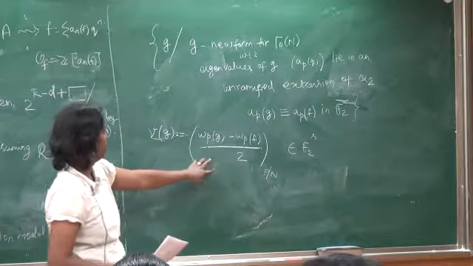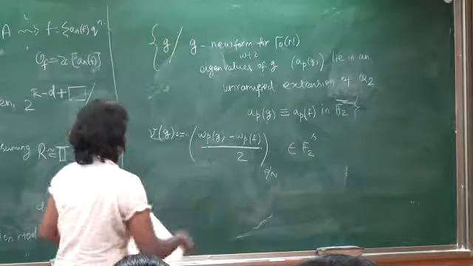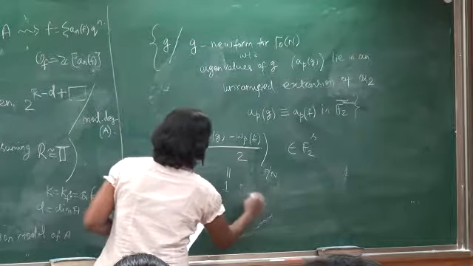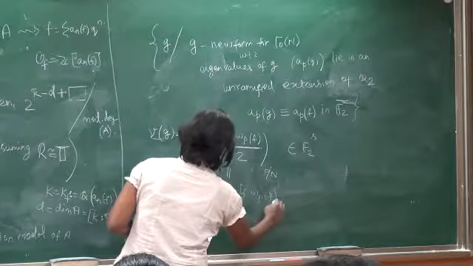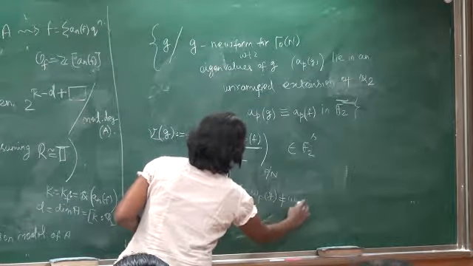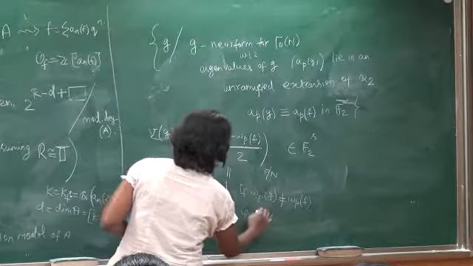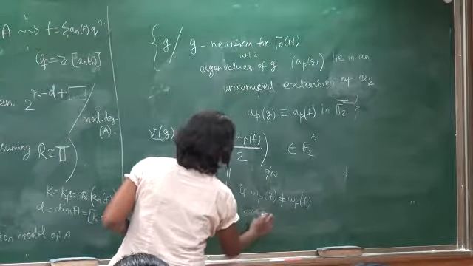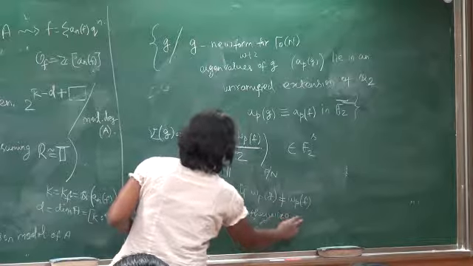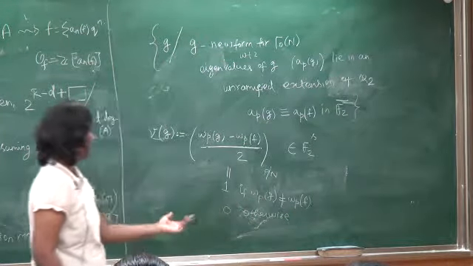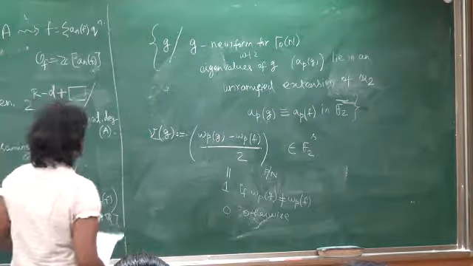If I consider those vectors in F_2, if they differ then it is 1, and if they are equal then it is 0.